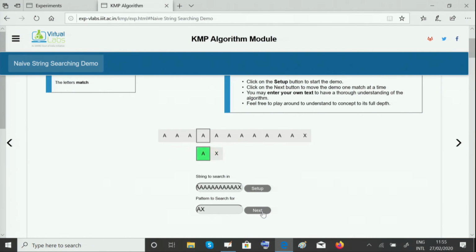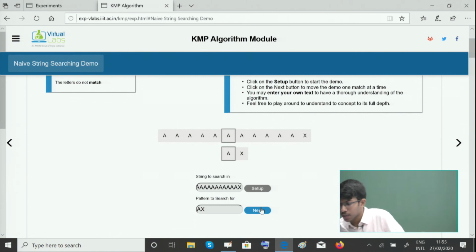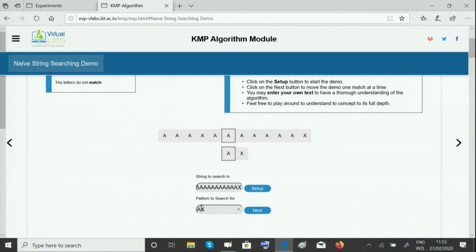Now we can see the fundamental problem in this algorithm: there is a lot of redundancy. If it were AAX instead of AX, then we would see the problem even better. We reach till here and then we see X, but we move only one step and start the whole process once again. This is very inefficient, and that is why the naive string searching algorithm is not good.